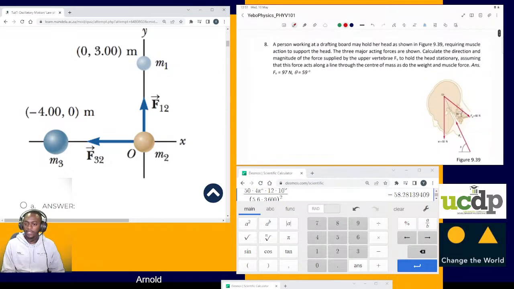Now, as I mentioned earlier on, we're also going to be looking at the questions on FVV 101, which is chapter.